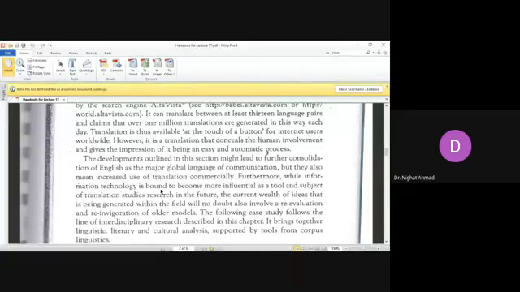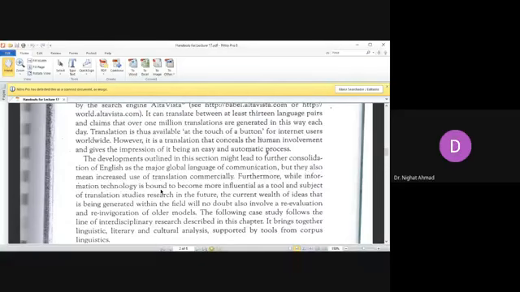To move on, what is the advantage in this field? It would be the further consolidation of English as the major language. And when we're talking about this whole thing, English always has an upper edge if you are well versed in English, and if the translation is from a source language or to a target language with English as one language, you will always have an advantage because English is a major global language of communication.